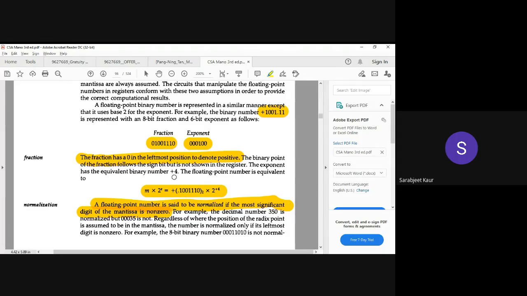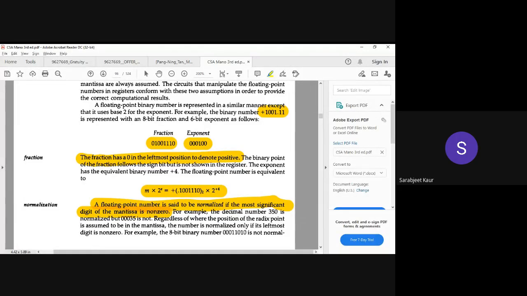Now, when we do this transformation, if the first digit after the decimal is non-zero, then we say that the mantissa is normalized. The most effective way is to shift the decimal so that the first digit after the decimal is non-zero.